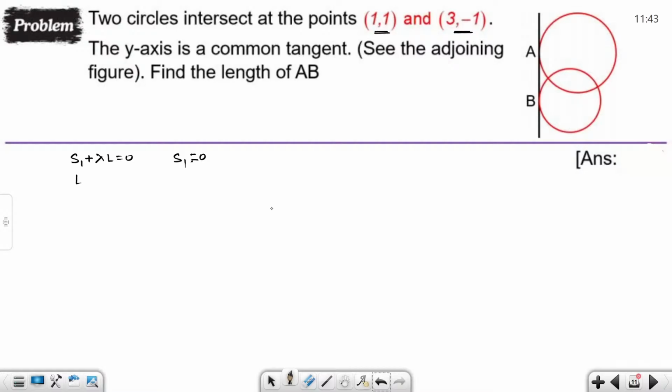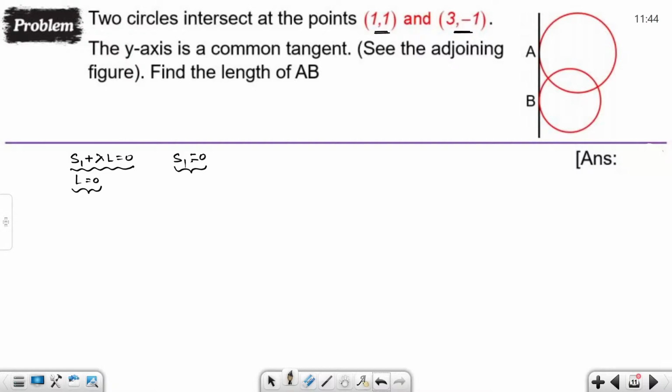You can simply use the two-point form to get the equation of this line L equals to 0. Now, any circle which is passing through the point of intersection of this circle and this line is given by S1 plus lambda L equals to 0. Now, in our problem, the circle is touching the y-axis. That is, your y-axis is the common tangent.